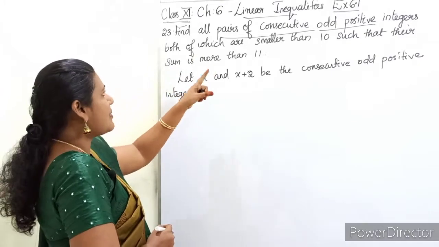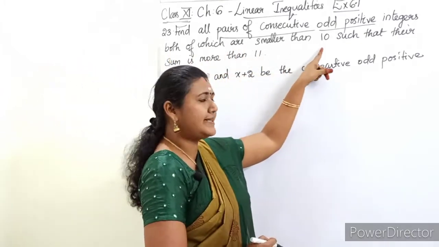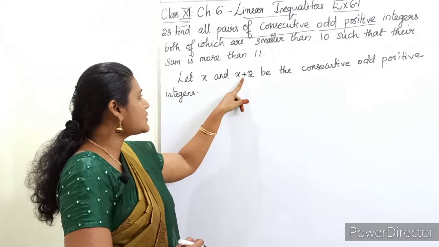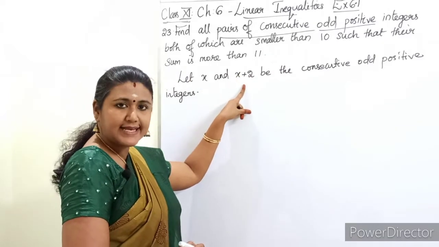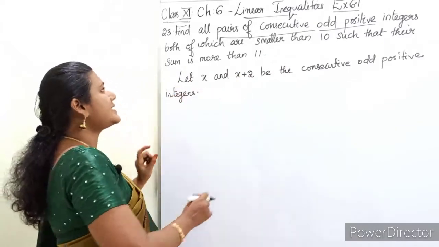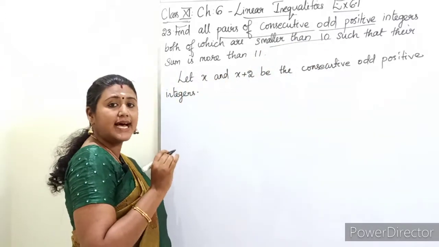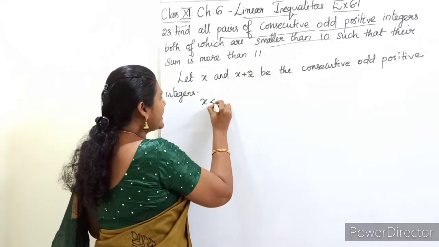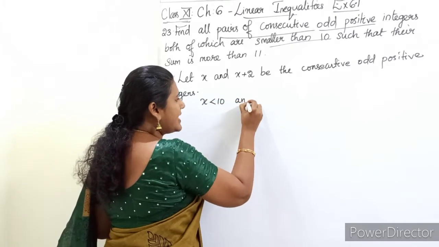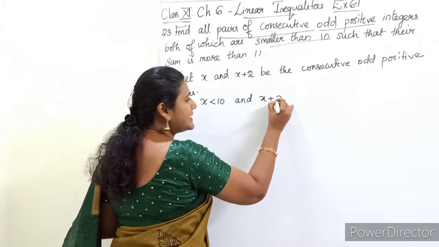Both of these numbers are smaller than 10. So the first condition is that the numbers are less than 10. So we can write X is less than 10 and X plus 2 is less than 10.